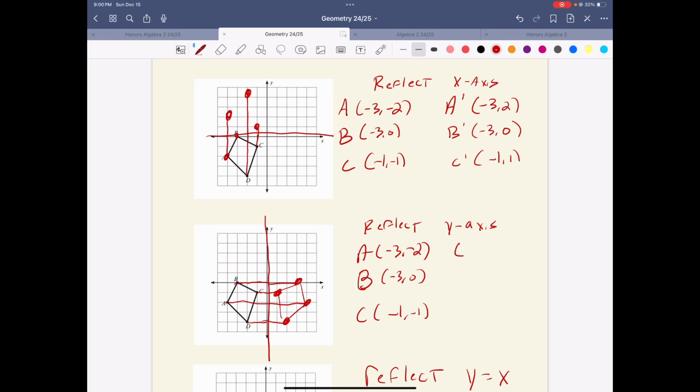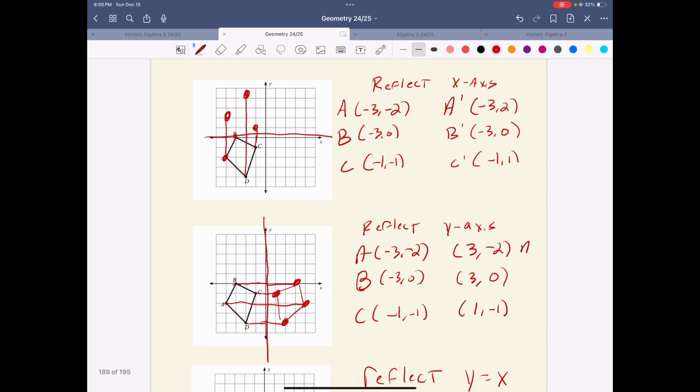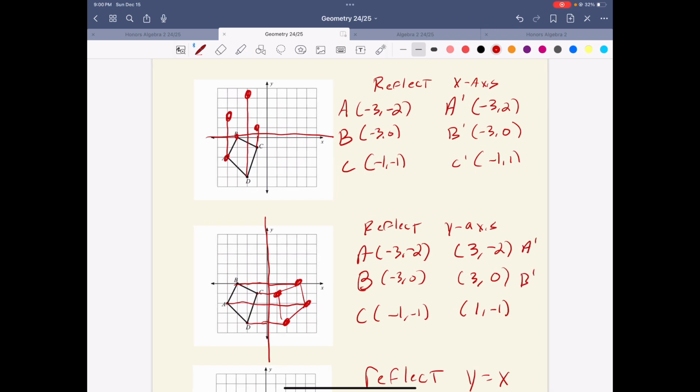Remember when it's over the y-axis, your x value goes to the opposite, your y value stays the same. So there are our points for a prime, b prime, and c prime.